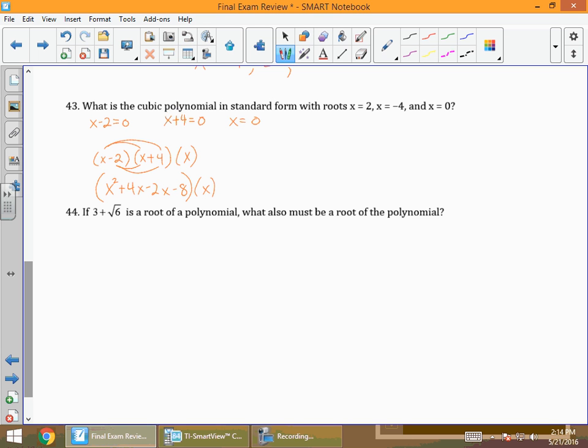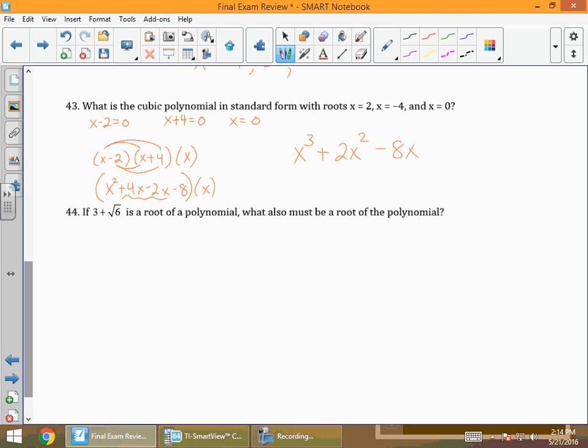Multiply that by x: x times x squared is x cubed. 2x times x is 2x squared. And negative 8 times x is negative 8x. So my cubic polynomial should be x cubed plus 2x squared minus 8x.